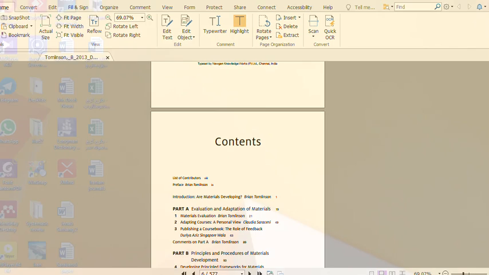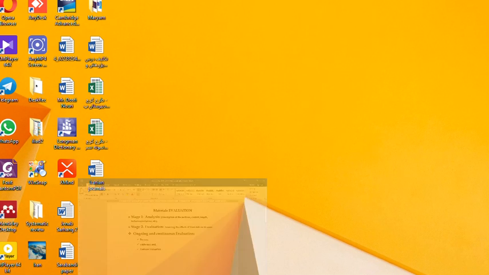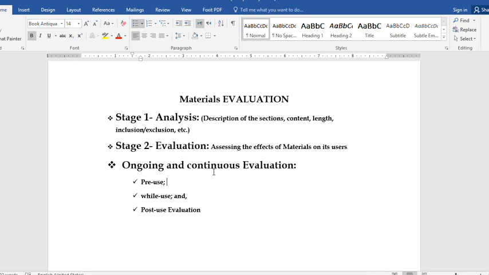Okay, in the previous session in part one, I introduced materials evaluation, and I mentioned that we have two stages. Materials evaluation, or the main part of it, is different from materials analysis.